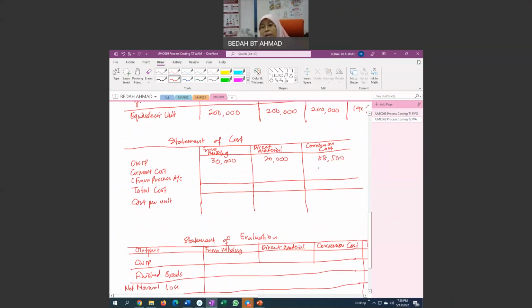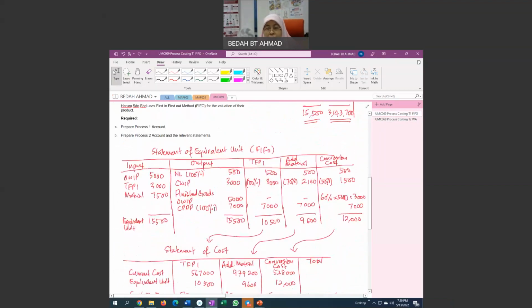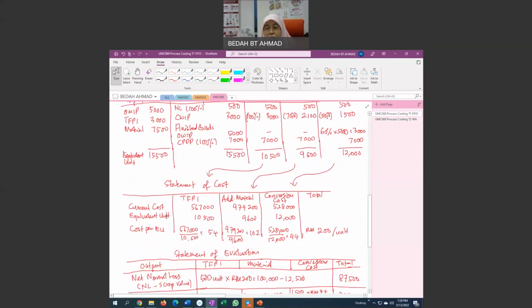Since it is the weighted average method, this opening work in progress is quite different from first in, first out. In the statement of cost for first in, first out, since we regard that the opening work in progress will be completed fully, all the costs will be included in the current cost.